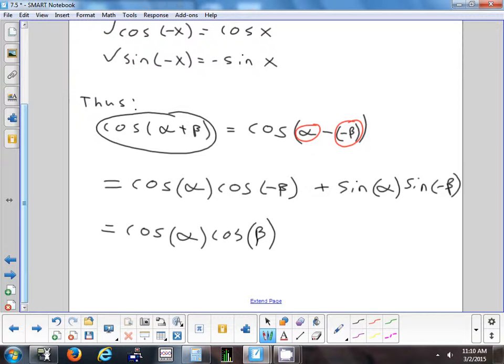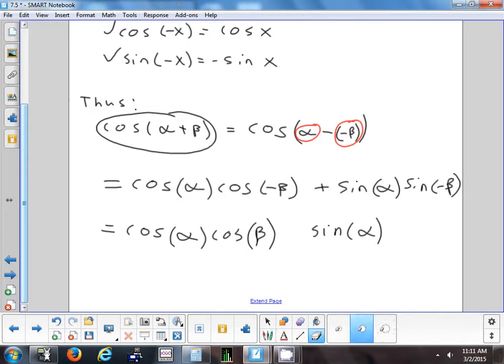So far, this kind of looks just like the formula for a difference. Let's see what happens here. Plus sine alpha. What about sine negative beta? We can't just get rid of the negative. But Kobe, what can I do with the negative? Put it on the line. Yeah, we can kind of put it in front so it becomes a negative. Well, instead of just putting it in front of this one, why don't we put it in front of the whole thing?